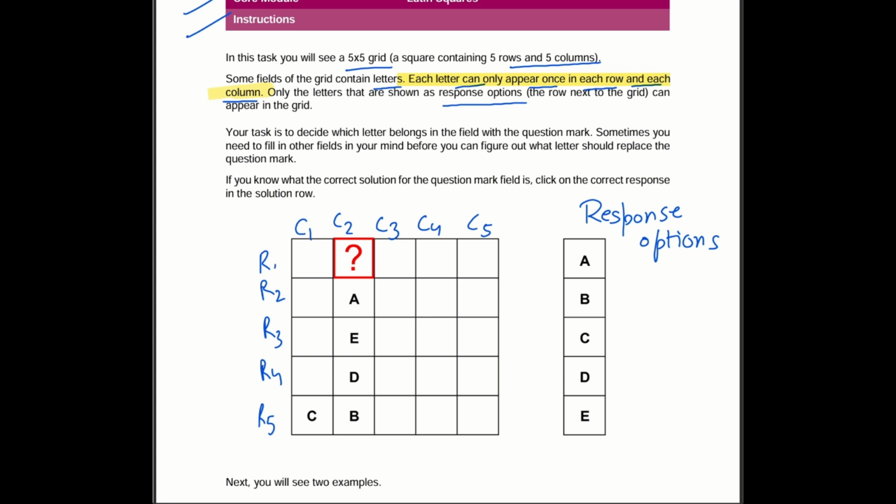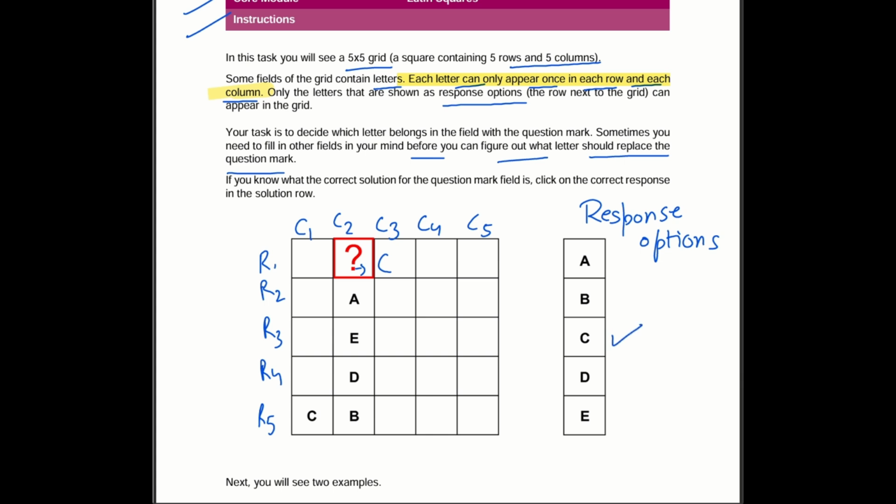Your task is to decide which letter belongs in the field with the question mark. Sometimes you will have very easy questions where you just figure out, okay, B, D, E, A, what is the letter that is missing? That is C. So the answer would be C.